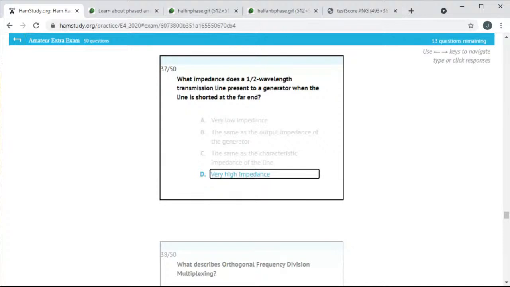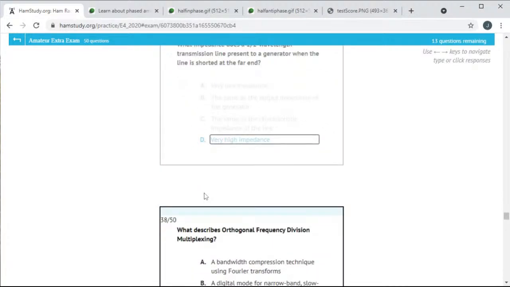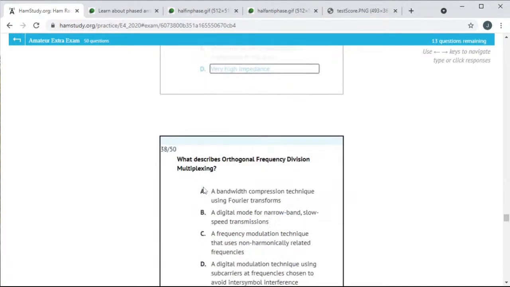And an end-fed half-wave antenna has a 49-to-1 balun on it, which is taking a very high impedance and bringing it down to 50. So that ratio is very high. So I'm going to go with D.